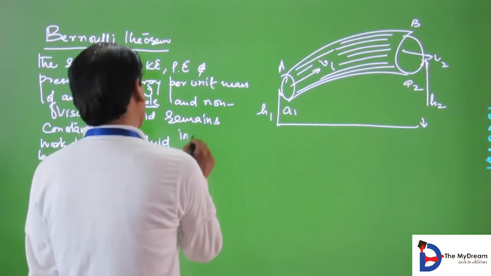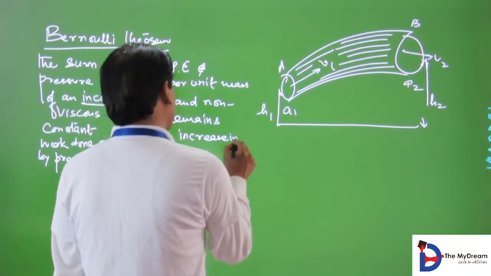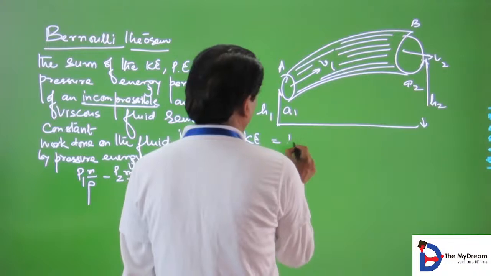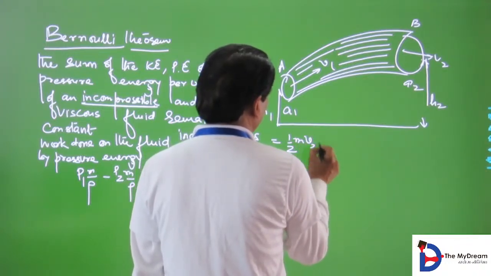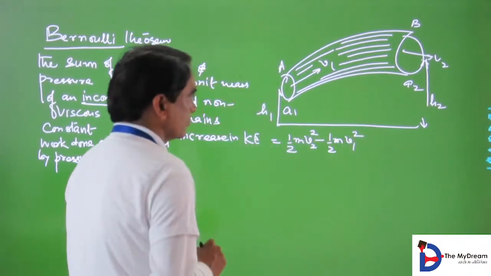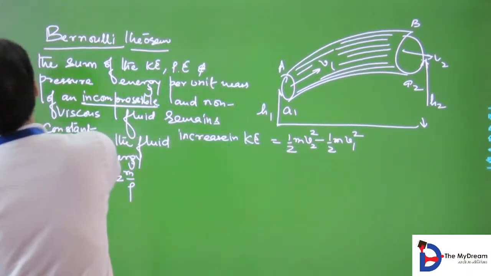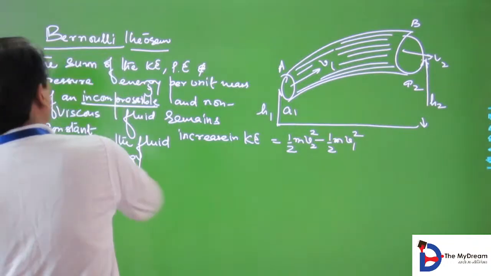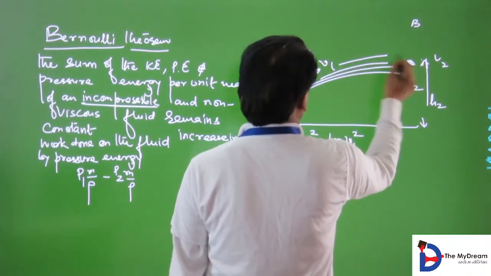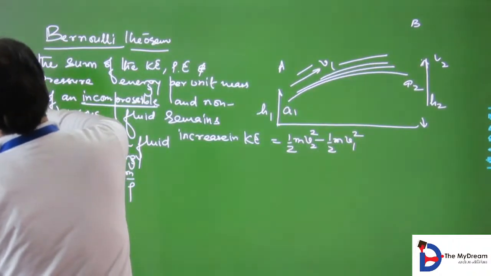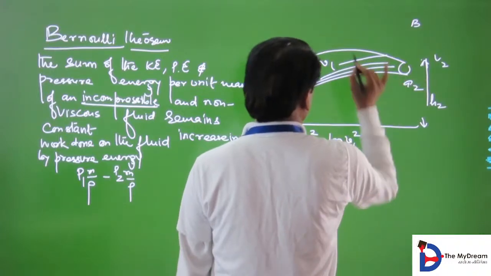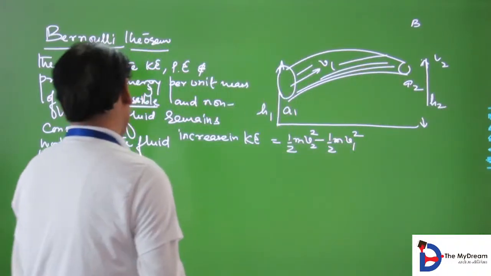So the increase in kinetic energy is given by half m v2 square minus half m v1 square.